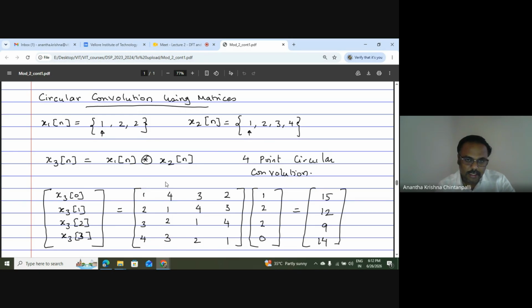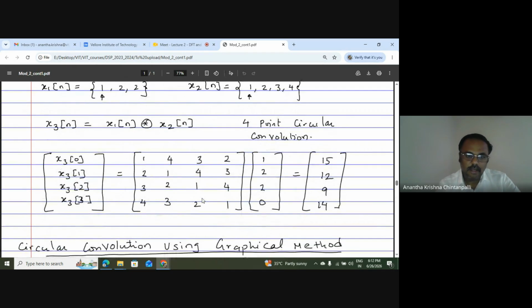Again, I take this and put it up, so this becomes 3, 4, 1, 2. Again, I take this and put it up, so this becomes 2, 3, 4, 1. Because it's 4-point, it's a 4 cross 4 dimension. If I do it again, this becomes 1, 2, 3, 4, which is the same thing, so I don't want to do that. So it's a 4 by 4 matrix, and then you simplify it. Finally, you are going to get the answer as the circular convolution like this.